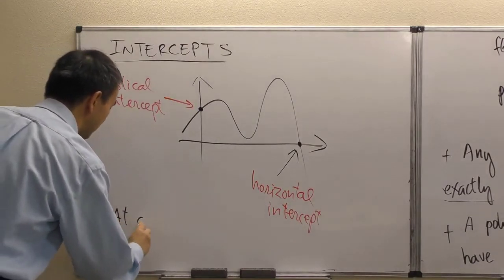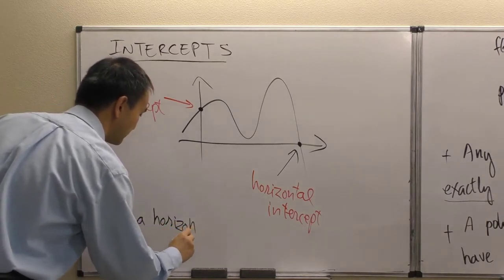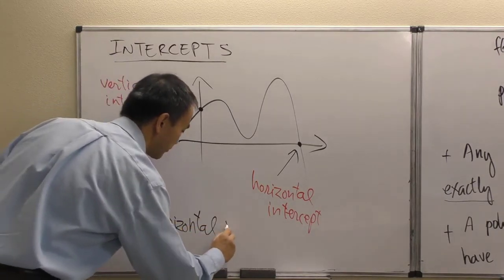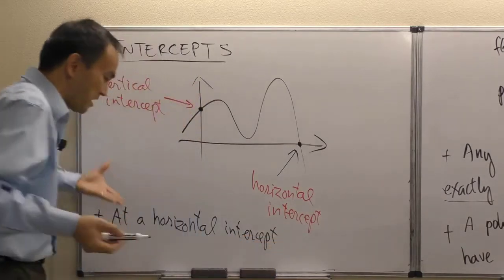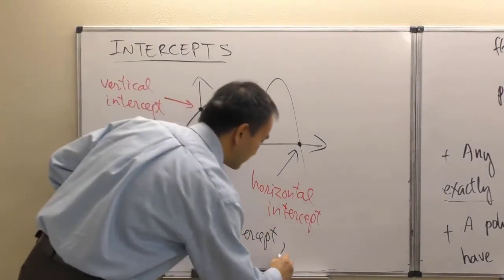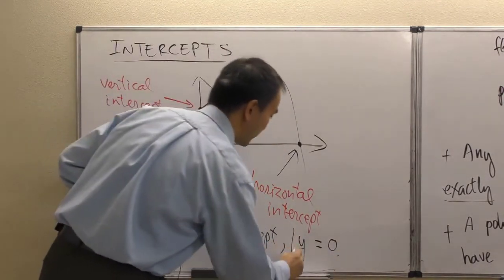At any horizontal intercept, the y value has to be equal to 0.